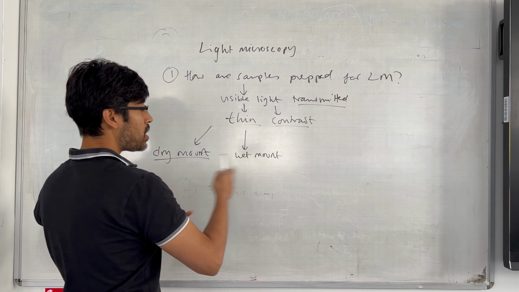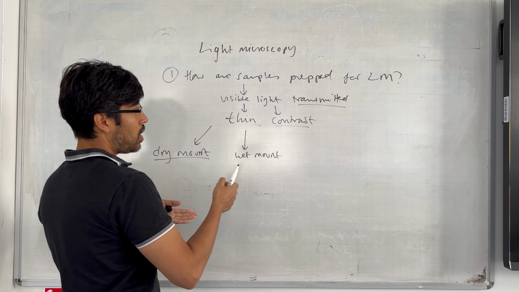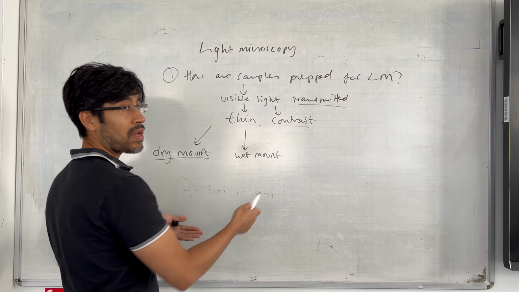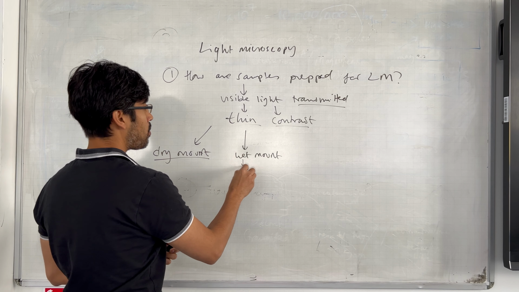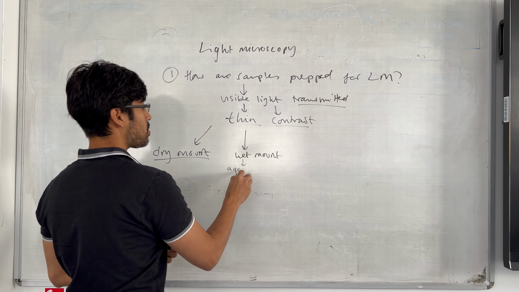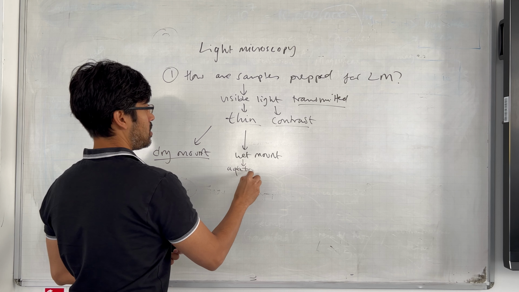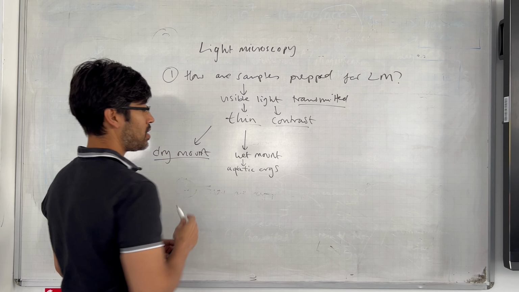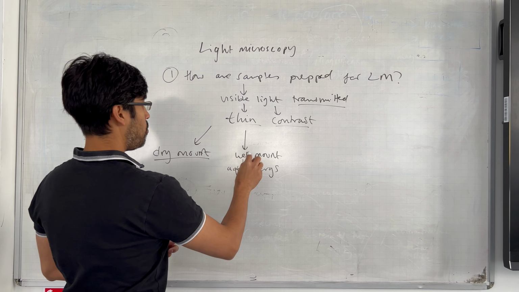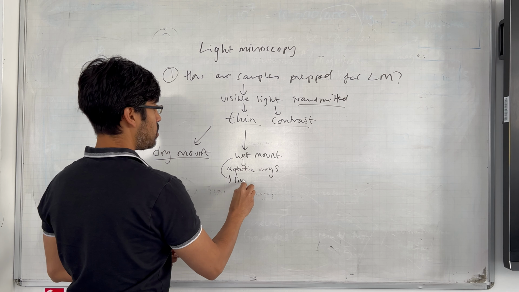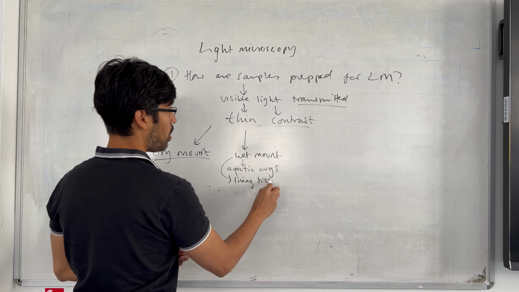Okay, so you've got a thin sample. You might have even aquatic organisms. So the wet mount, you might have living organisms, aquatic organisms, right? You might have living tissue, such as plant.